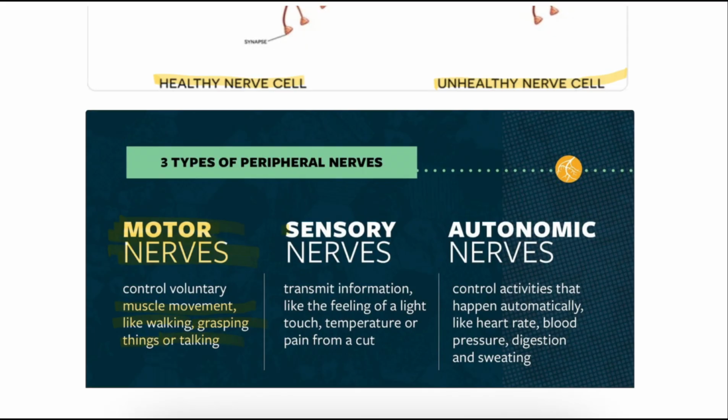Next we can see sensory nerves. The sensory nerves' main function is pain, temperature, and touch. The sensory nerves transmit information like the feeling of a light touch, temperature, or pain from a cut. Normally in skin we have some receptors, for example, mechanoreceptors or nociceptors.